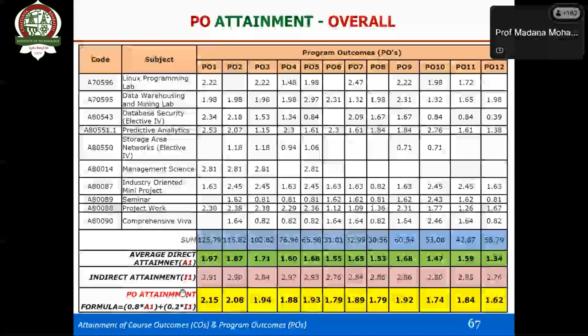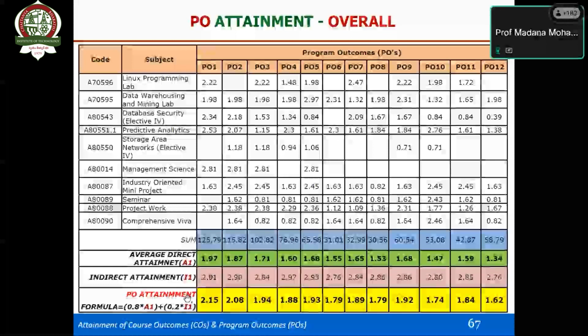For example, 0.8 into 1.97 plus 0.2 into 2.97, so you will get 2.15. This is the overall PO1 attainment value of that particular program, 2.15. Like all POs, the final PO attainment values are obtained.